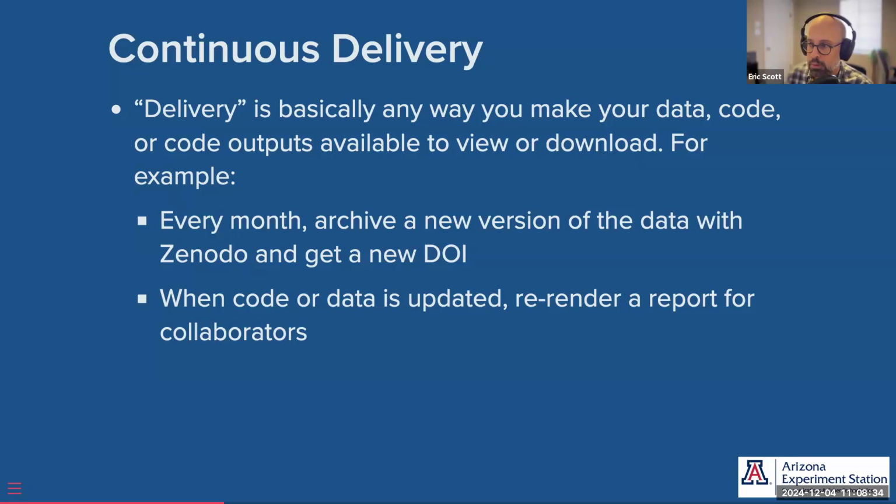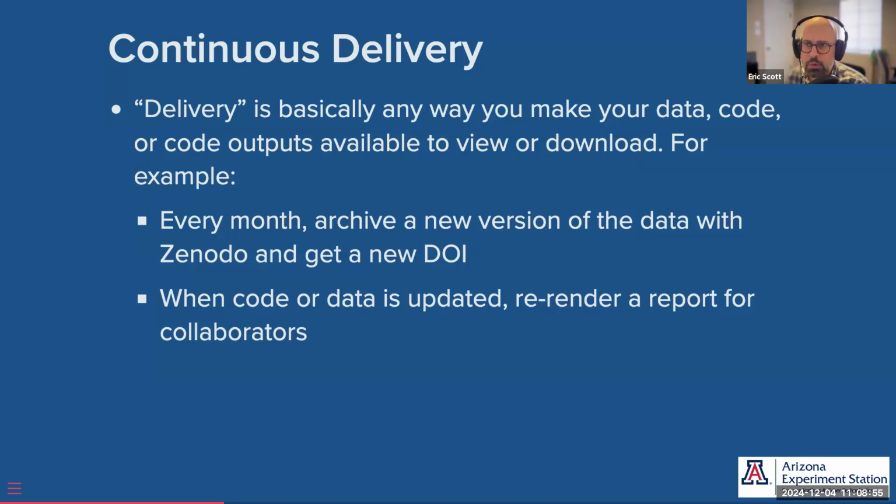That's totally something we can do with GitHub Actions. Or every time your code or your data is updated on GitHub, re-render a report as a website that you can send to your collaborators so they can see new figures or updated figures with new data. So really, really useful stuff.